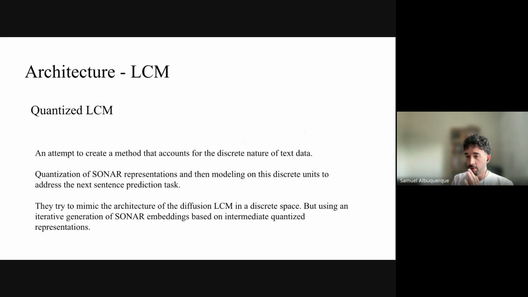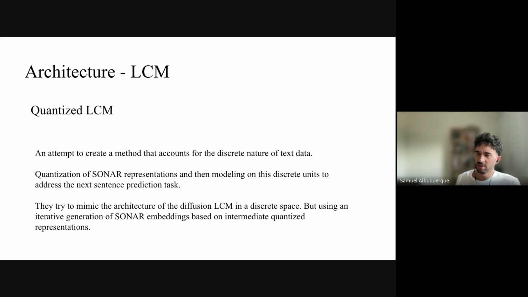And the last implementation is the quantized LCM. Why do they do this? Diffusion models usually are used in the context of continuous spaces: images, audio. And this was an attempt to create a method that accounts for the discrete nature of text data. So the SONAR embedding space is discrete, and they are using a method that works really well for continuous spaces.